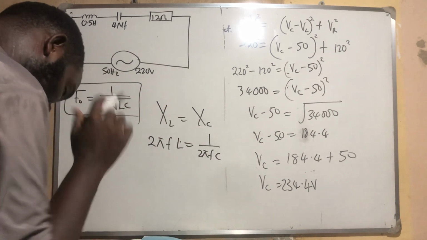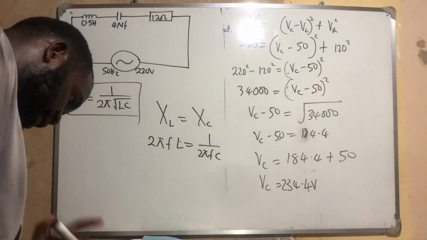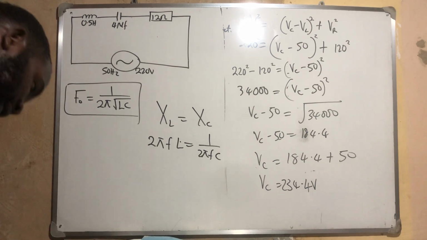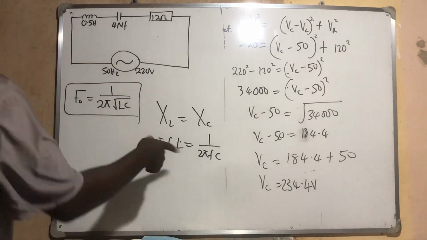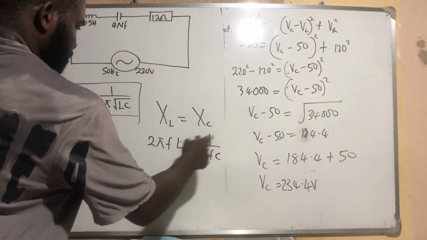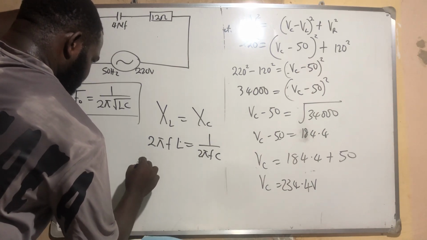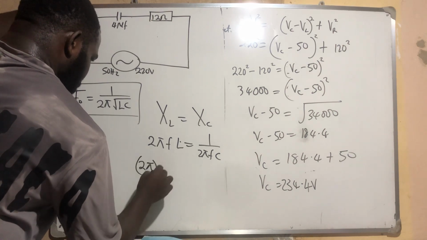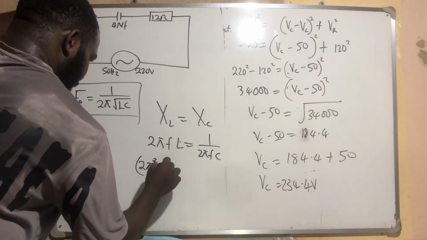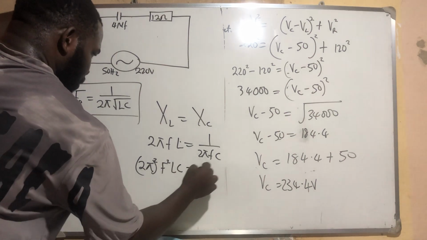So from here, you can cross multiply and then you get your resonance frequency. If you cross multiply, you will have that your 2 pi all squared, F squared LC, is equal to 1.